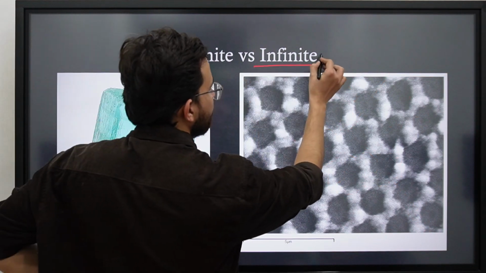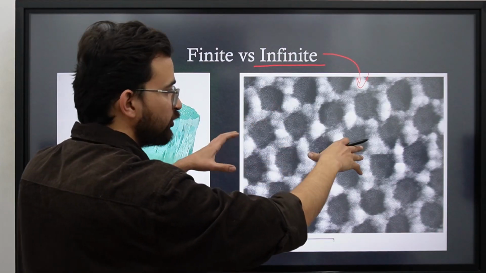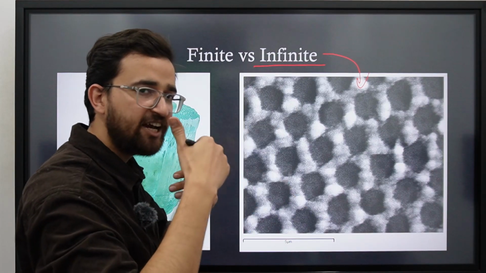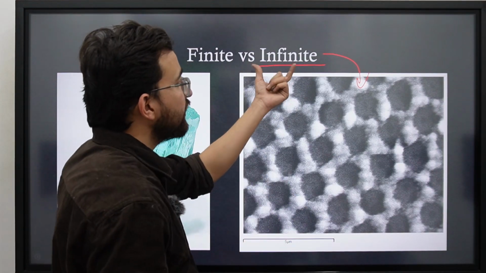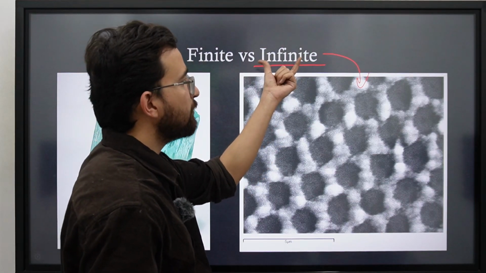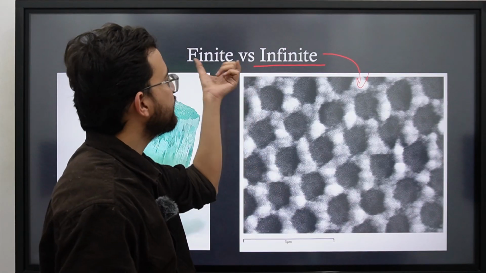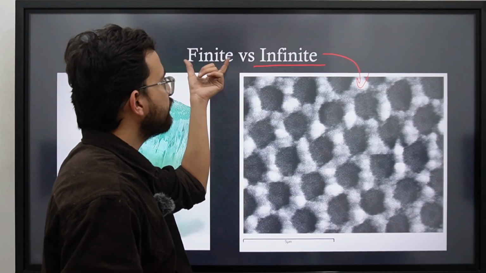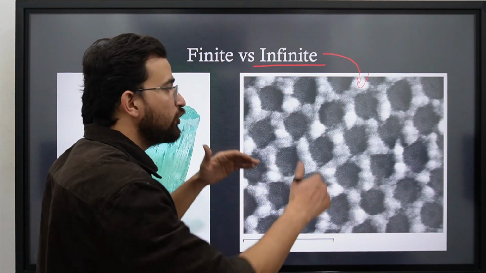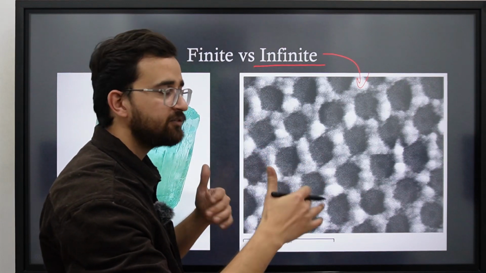Because the infinite image has n number of sixfolds, or if we talked about another mineral, n number of rotational symmetries, n number of mirror planes, the rules that apply to the finite world and the rules that apply to the infinite world are very different. You cannot say that the rules followed in the finite world would be followed here, and vice versa. So we have to discuss these two scenarios in different classes.